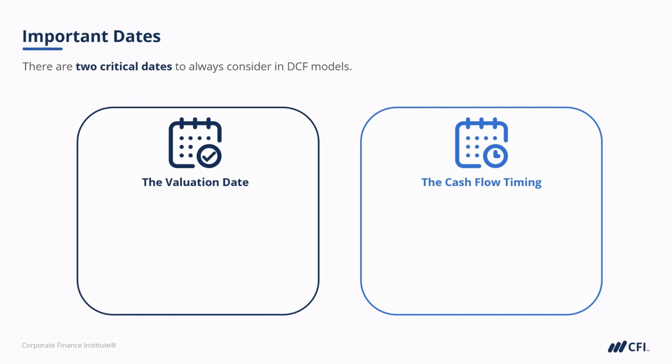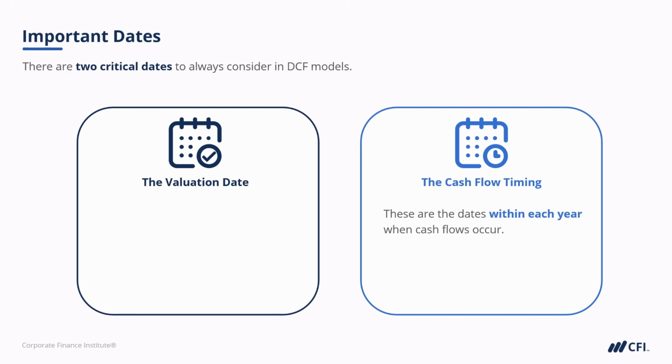Now, if we first think about the future cash flows, which are on the right-hand side, we need to know the dates within each year when these cash flows occur. That means we need to understand, are they occurring at the beginning of the year, the middle of the year, or perhaps at the end of the year?